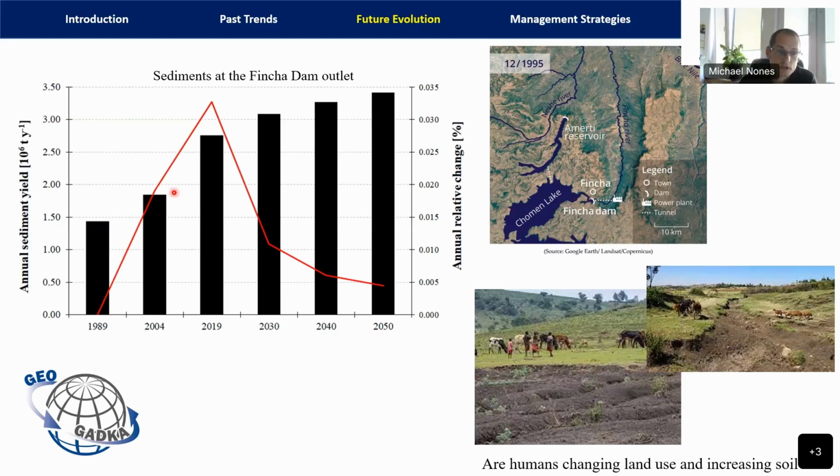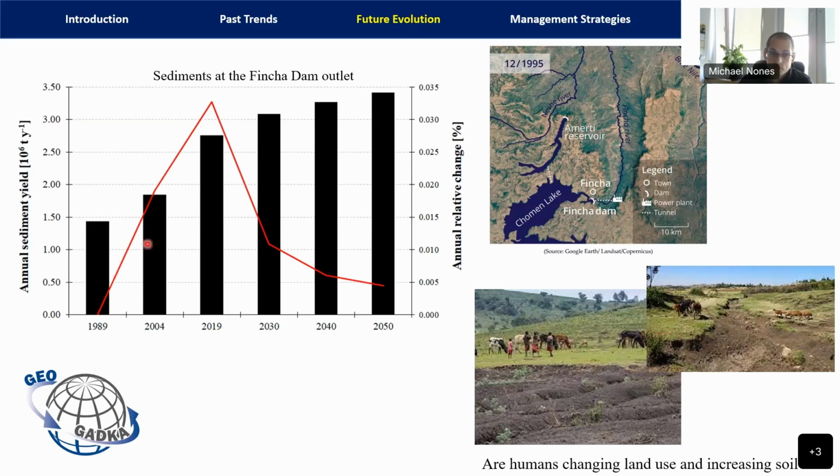What we observe looking at this graph, basically, if we look at the past in '89, is that we speak about 1.5 million tons per year of sediment arriving to the dam. Then over time, we have an increase in sediments entering the dam, meaning that we have an increase in soil detached from the hillslopes.